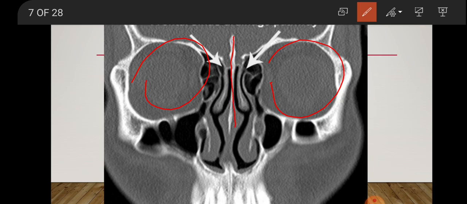The nasal septum forms the medial wall of the lateral nasal cavity, and these are the concha. This is the inferior concha. The space is the meatus, and you have the middle concha and the superior concha there. This is the maxillary air sinus, and that is the frontal air sinus situated there.